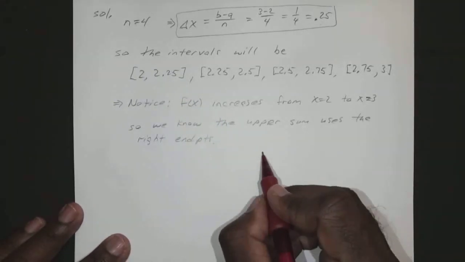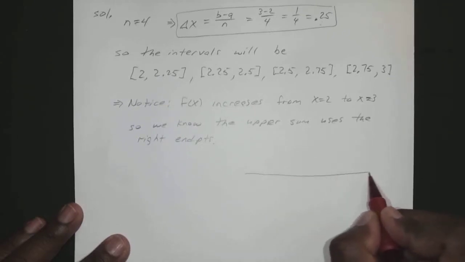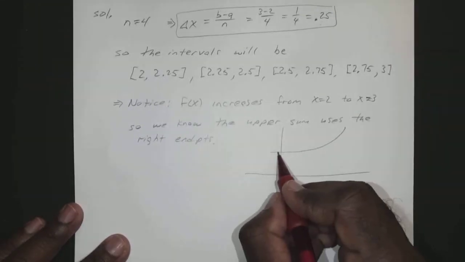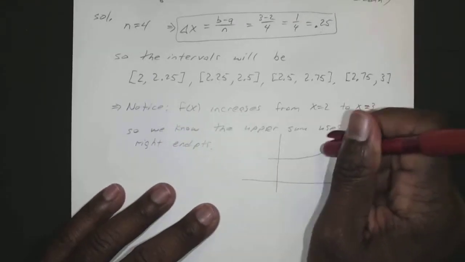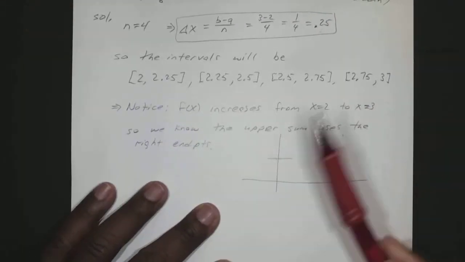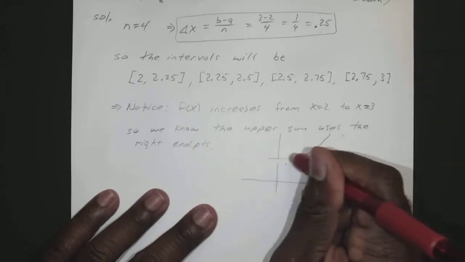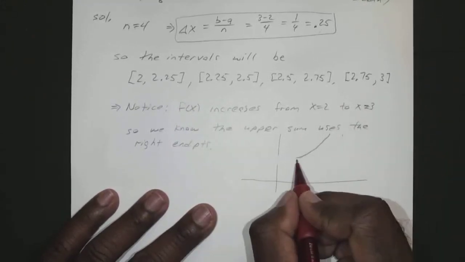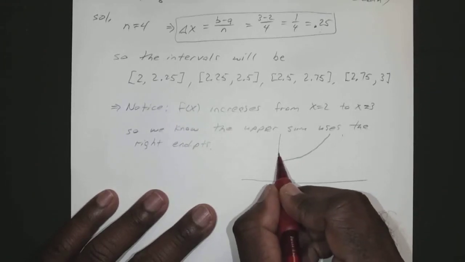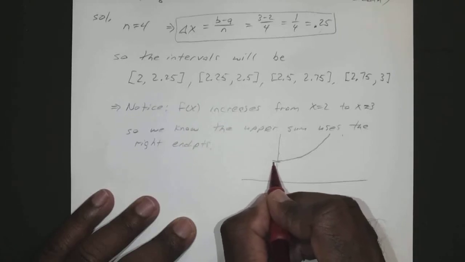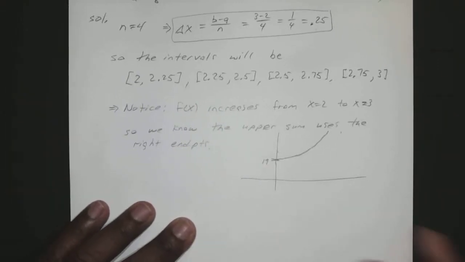If we were to graph this, just to give you a visual, let's say this is our graph here, it should look a little more parabolic. Close enough. We know when x is equal to 0, your y is equal to 19.